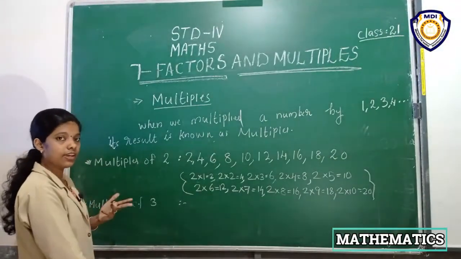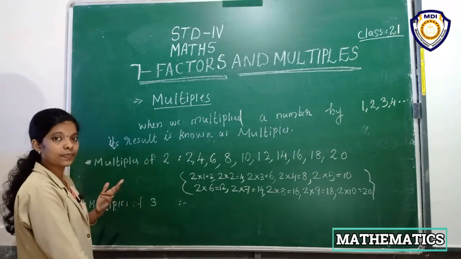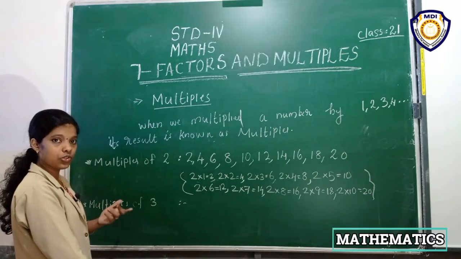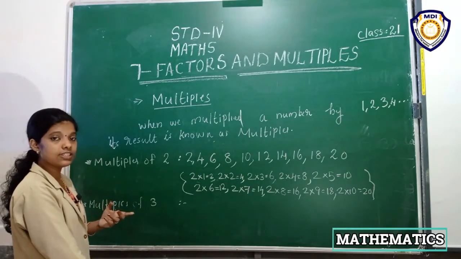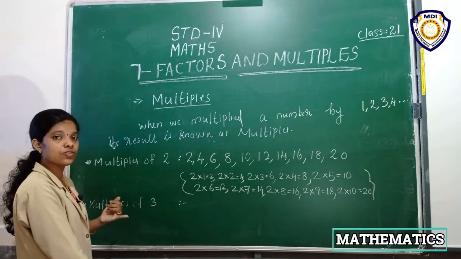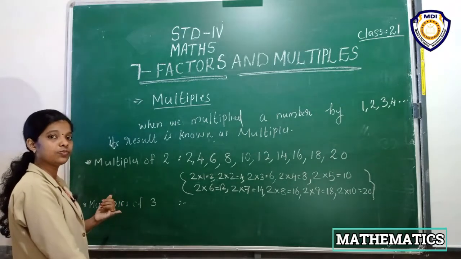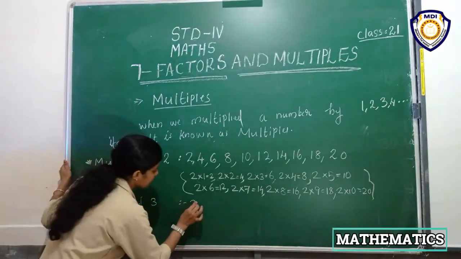You just say 3, 6, 9, 12, 15, 18, 21. Okay, good.